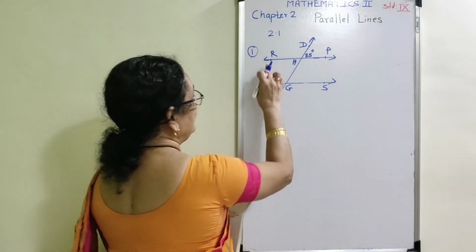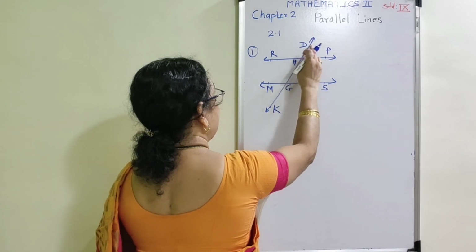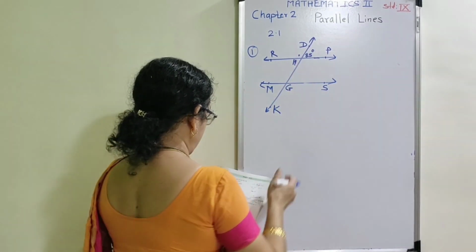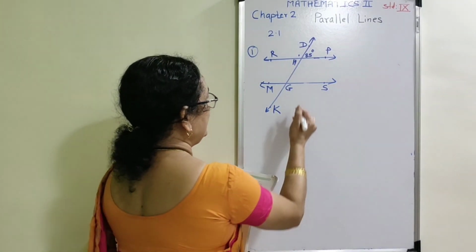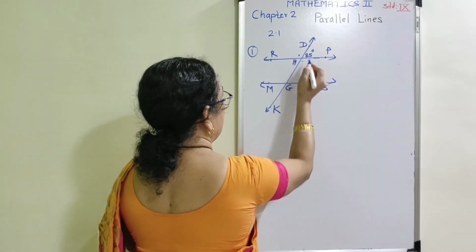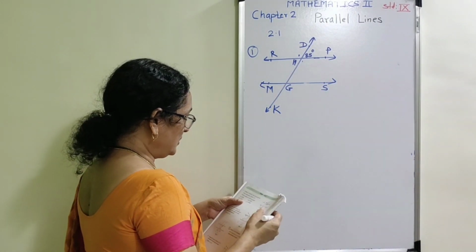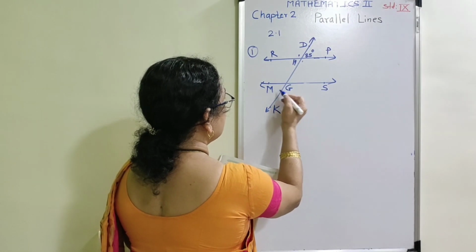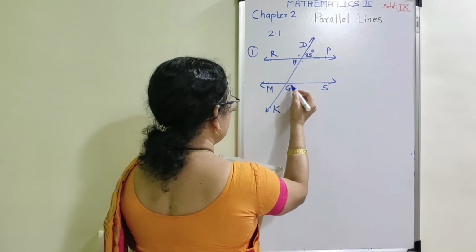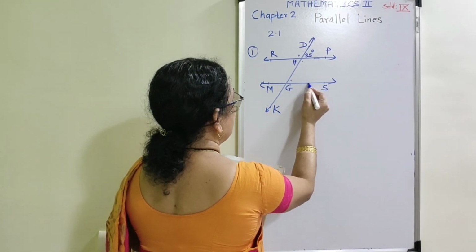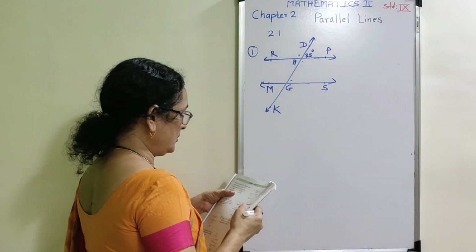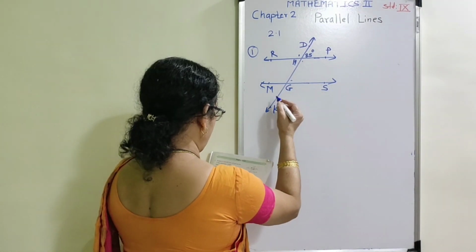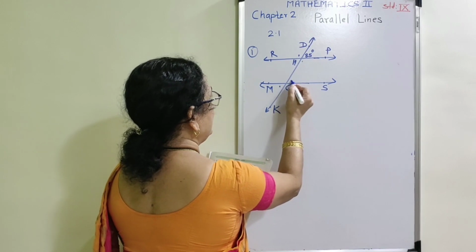Angle RHD, the measure of this angle. Also angle PHG, the measure of this angle. Also angle HGS, the measure of this angle you are going to find out. And at the last, the measure of angle MGK.